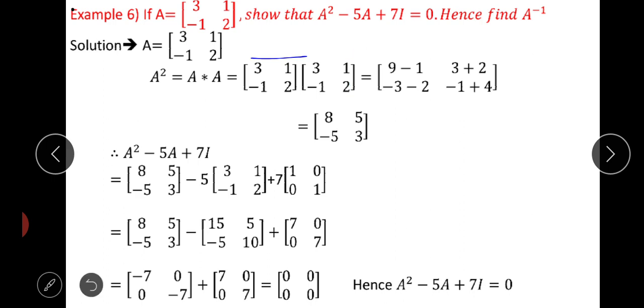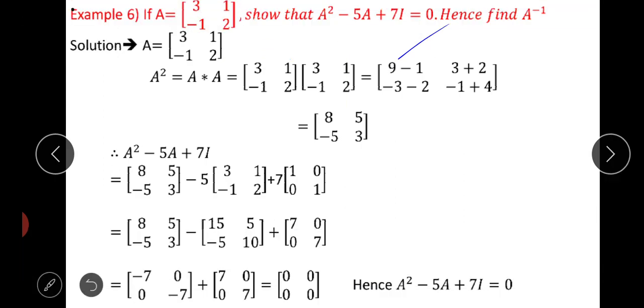Then multiply: first row with first column, 3 into 3 is 9 plus 1 into minus 1, minus 1. Then first row with second column, 3 into 1 is 3 plus 1 into 2 is 2, so 3 plus 2.